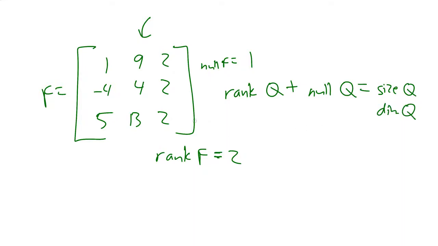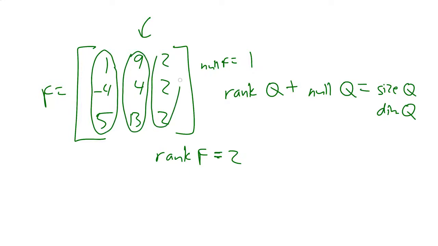So I've got 3 different columns here. If they're all independent of each other, I'm going to get full rank and no nullity. If 2 of these are dependent on the third, if I've got 1 of these that you can make out of the other 2, then it's going to have 1 less than full rank, and the nullity is going to be 1.